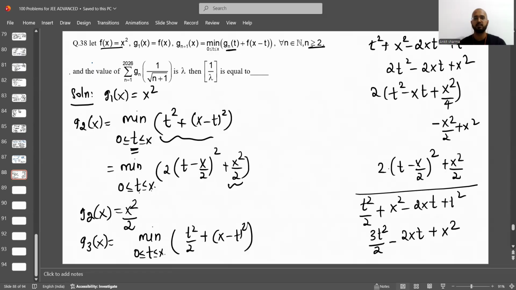For that, we'll take 3/2 outside, and then t² minus 2xt. We have taken 2 over, that means 3 would be down here, so this will become 4xt over 3. And then what is left here? Plus x². So I need to complete the square: half into the coefficient is 2x/3, which means I'll be adding 4x²/9 and subtracting.